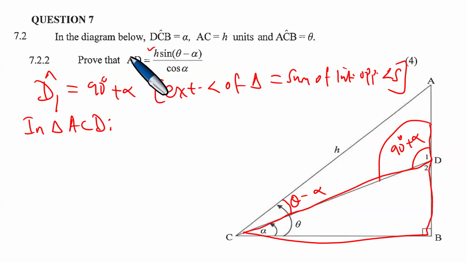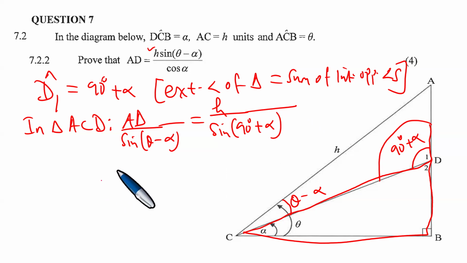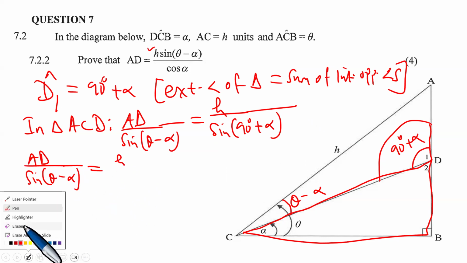We want to find AD, so first things first: AD over the sine of the angle opposite, theta minus alpha, is equal to H over the sine of 90 degrees plus alpha. So now what is this? It's AD divided by the sine of theta minus alpha, and it is H.